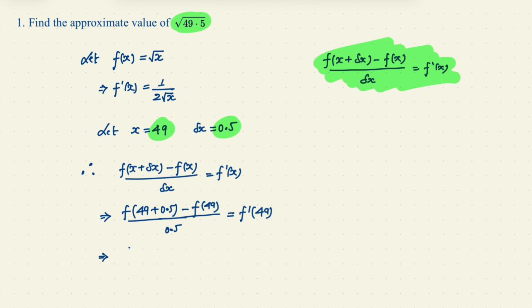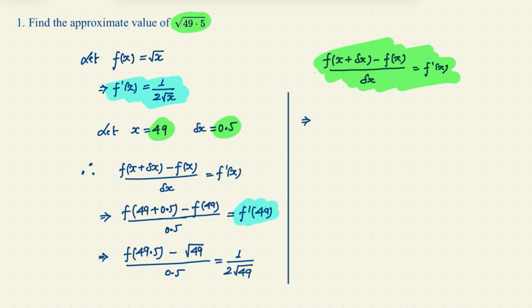So here it will be f of 49.5 minus, now since we have assumed f of x as square root of x, f of 49 means square root of 49, whole divided by 0.5 equals, and since we have got the value of f dash of x as 1 by 2 root x, then f dash of 49 can be written as 1 by 2 square root of 49.